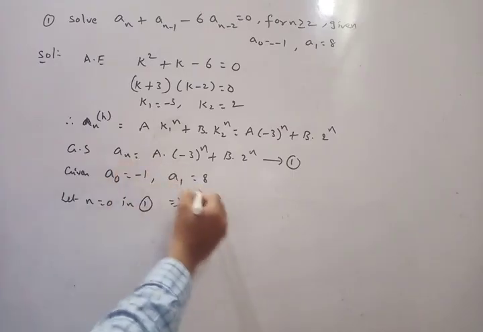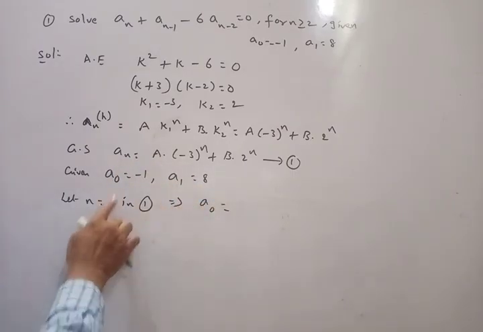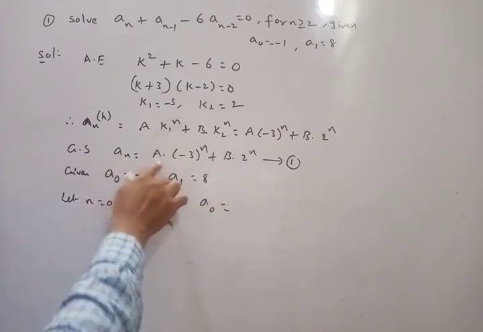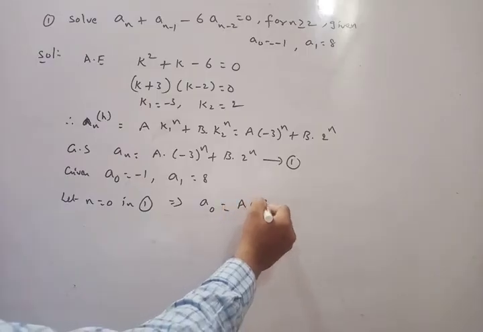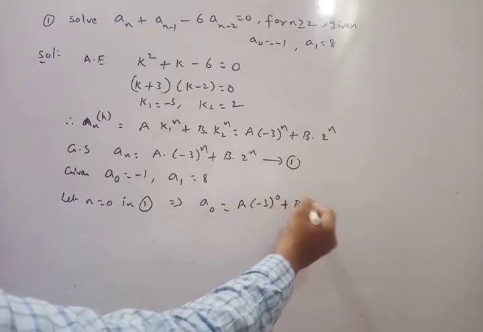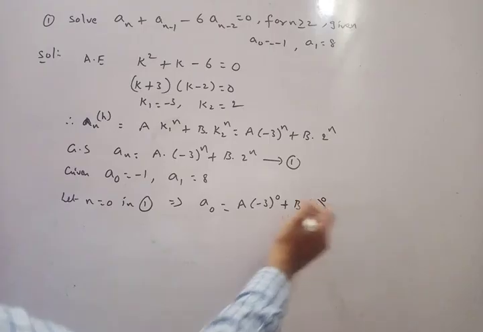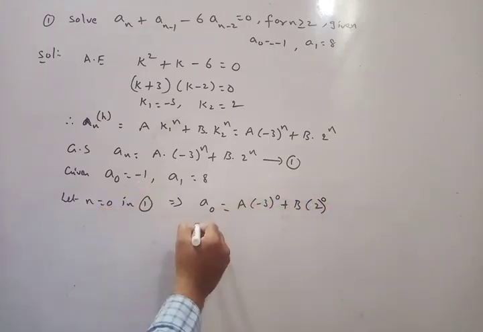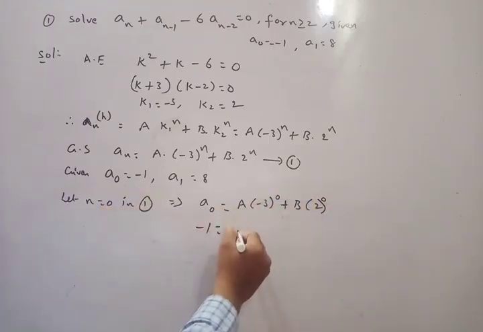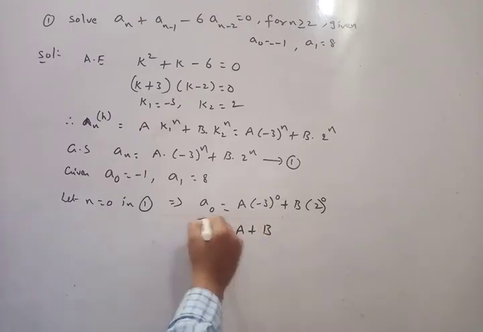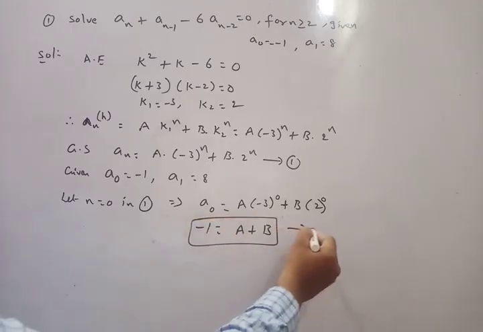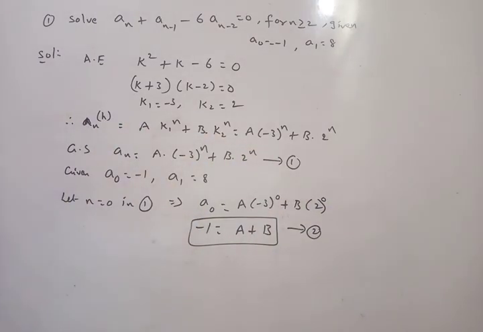In place of n you write 0: a_0 is equal to a into minus 3 power 0 plus b into 2 power 0. a_0 is minus 1, and anything power 0 is 1, so a plus b is equal to minus 1. You get one equation, right?